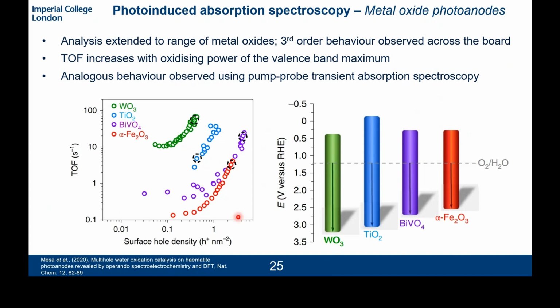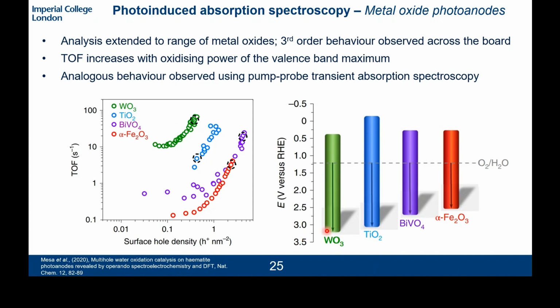So we essentially measured all of this stuff, we plotted here, and we saw, oh, hematite is quite far on the right, so it's slowly oxidizing water for whatever reason. Bismuth vanadate, it's similarly slow. Titanium dioxide is here, and tungsten trioxide is over here. And then it occurred to us, oh, this is simply tracking the valence band energy.